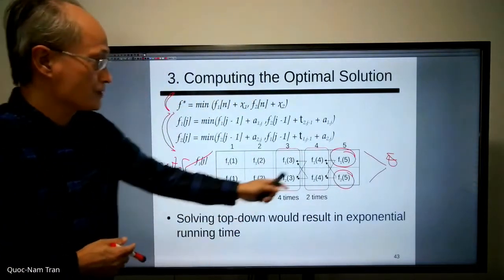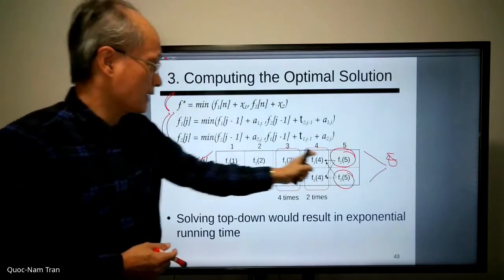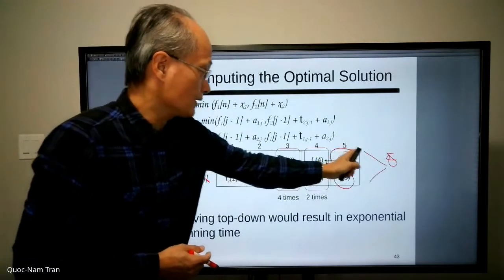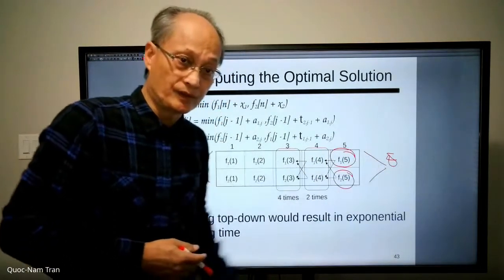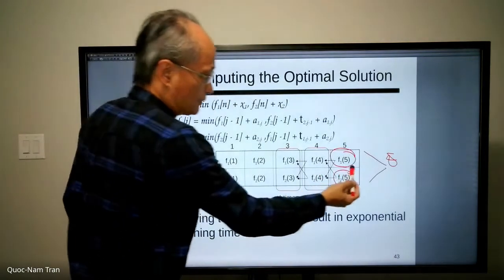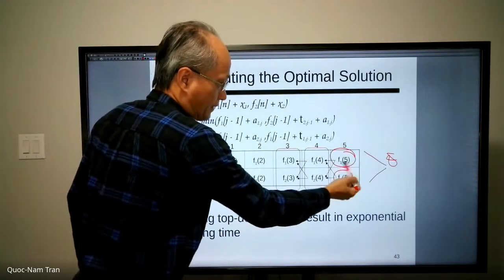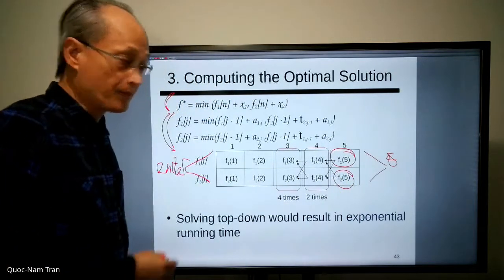Because the F star here will be the mean of F1n plus X1, F2n plus X2, okay? So we have to calculate F15 and F25 for this particular example.